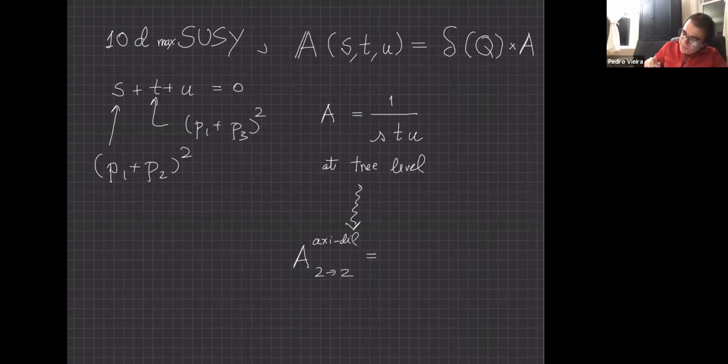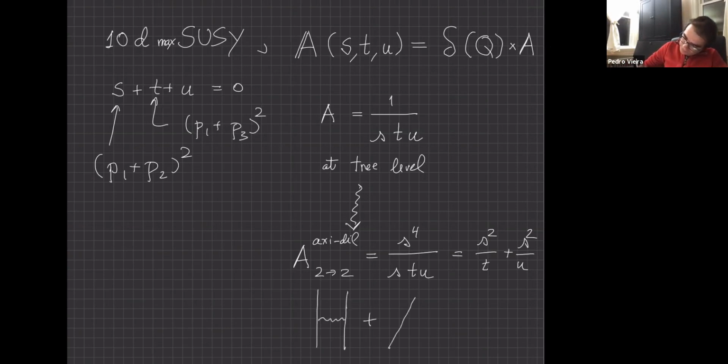Which means that you extract some power from this delta function, S to the 4 over STU, which now looks like something like S squared over T plus S squared over U. And now it looks like a regular scattering amplitude at tree level, where you just have some exchange in the T channel plus some exchange in the U channel, right?